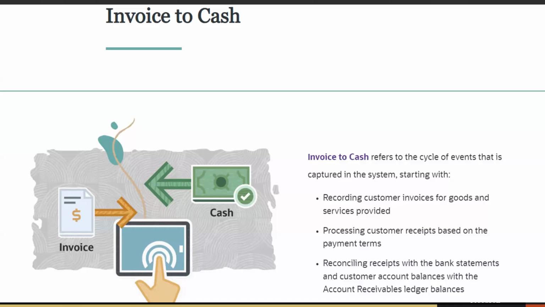If you sell one product to the customer, we record a transaction or invoice in our application, then do the customer receipt process, and reconcile the payment we received from the customer. We compare it with the bank statement to check whether the exact amount arrived in our bank account or not. All this end-to-end process is covered in the invoice to cash flow. So these are AR level activities.